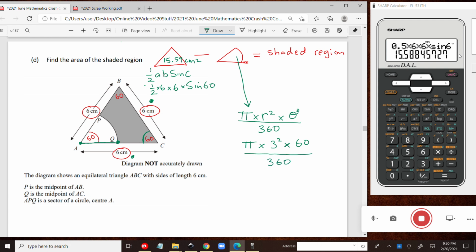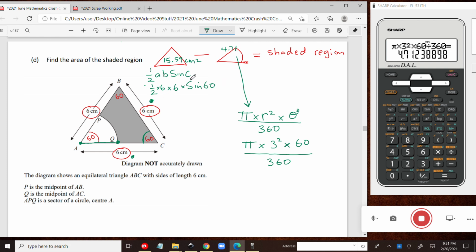Let's just type that in on the calculator. Pi multiplied by 3 squared multiplied by 60 divided by 360. And I get 4.71.